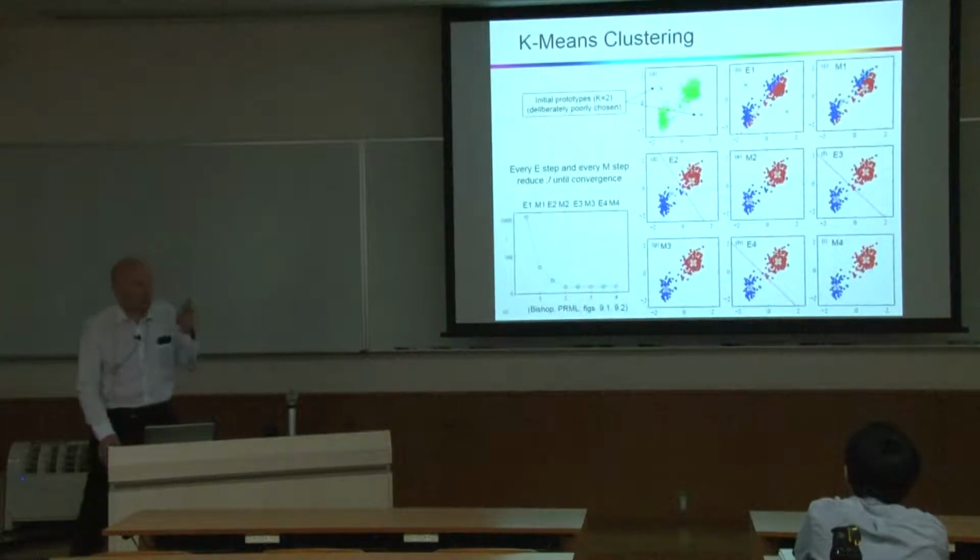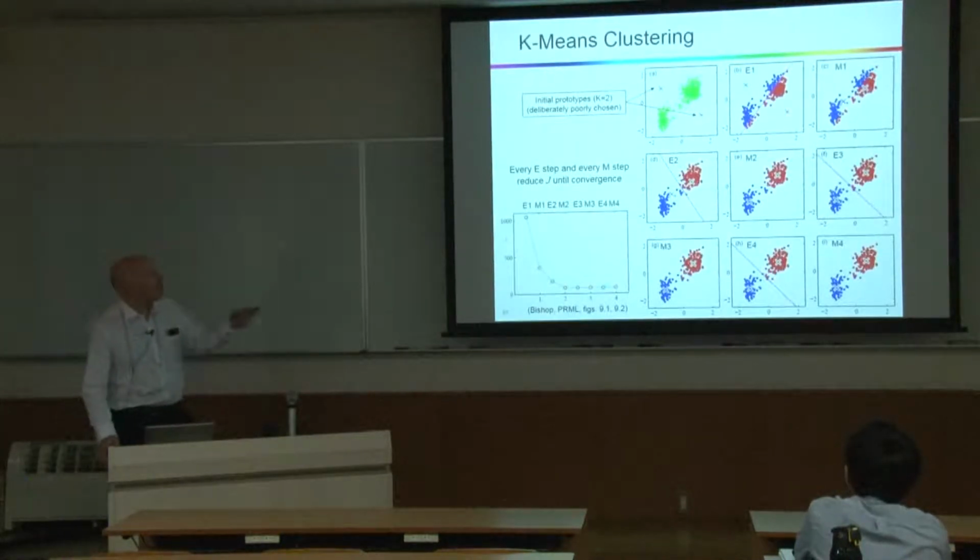In pictures, which makes it a bit easier to understand, we start off randomly assigning these class prototypes, the blue X and the red X up here. I've deliberately, or whoever wrote this, Chris Bishop, whoever made this figure, chose them deliberately badly.